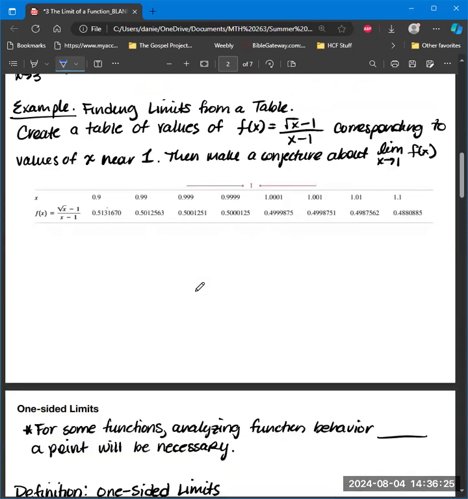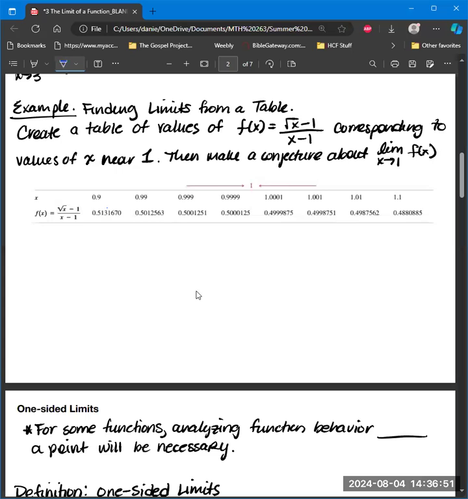So finding limits from a table. Create a table of values of f of x equals the square root of x minus 1 over x minus 1, corresponding to values of x near x equals 1, and then make a conjecture about the limit of f of x as x approaches 1.